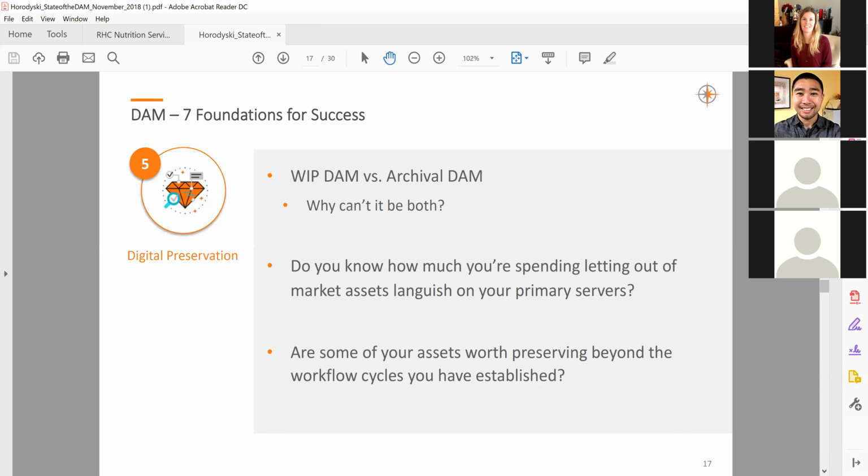And if so, perhaps that might be needed for something more of an archival DAM as opposed to a work in progress DAM. That is thinking, I need to keep this asset in perpetuity for either legal reasons, cultural, whatever the appraisal needs would have demanded for keeping something going forward. And there might be really good reason to organize things in an archival system going much beyond what they need now.